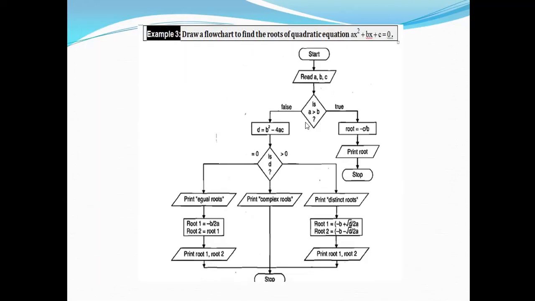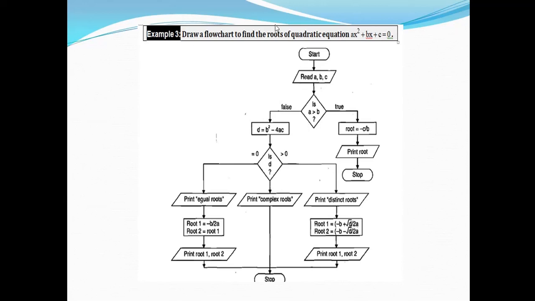Next example we see here. We are finding the roots of a quadratic equation. For a quadratic equation, ax square plus bx plus c is equal to 0, we have to find the roots. The quadratic equation will have equal roots, complex roots and distinct roots. Three types of roots will be there. It depends on the d value, b square minus 4ac.